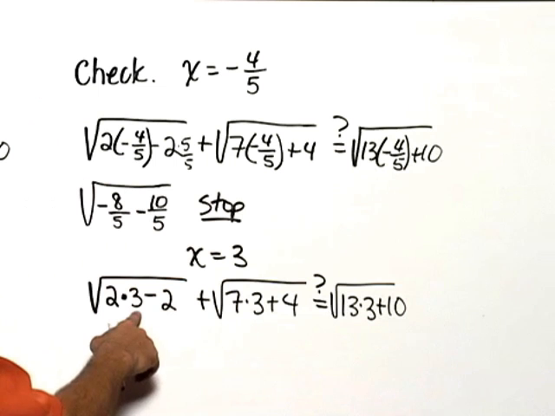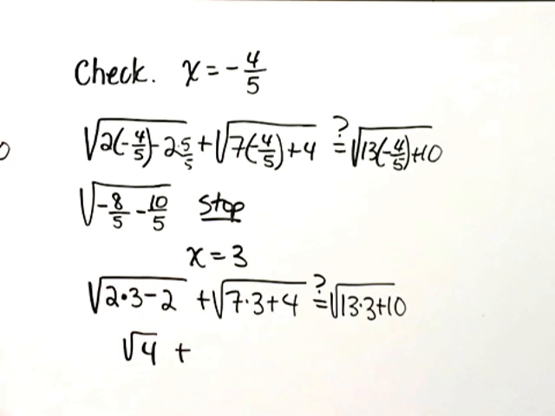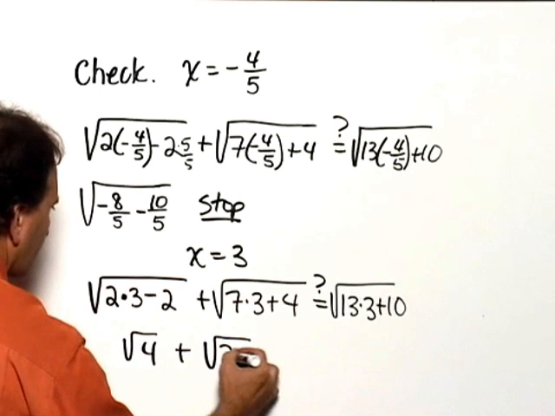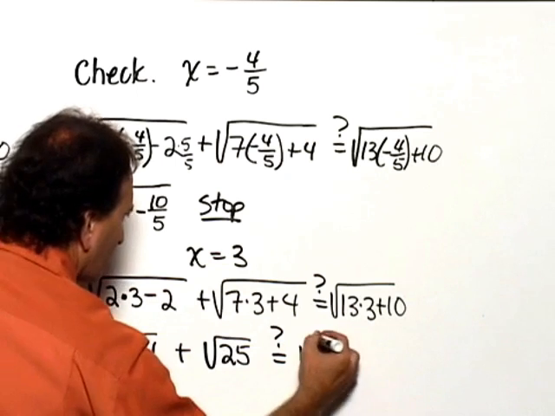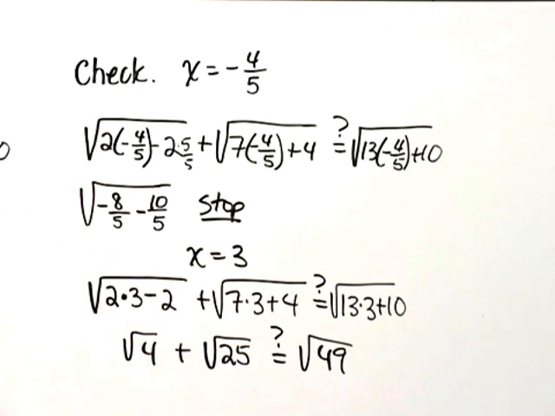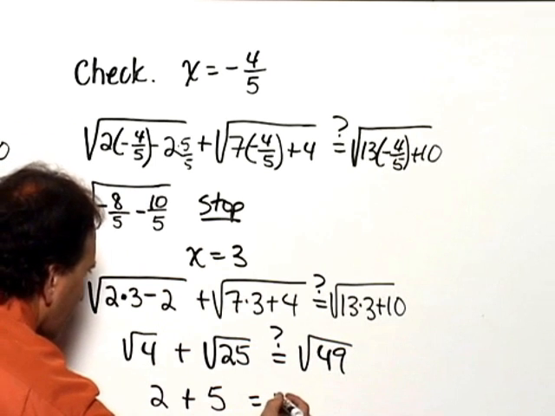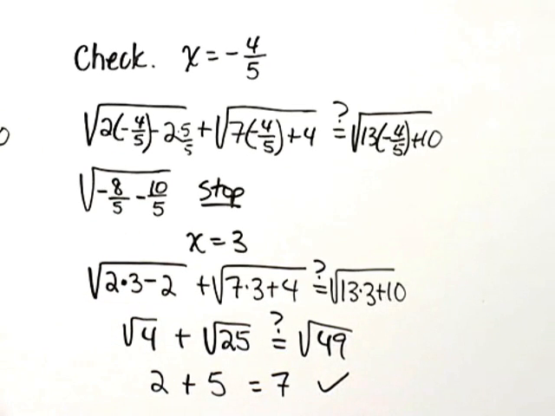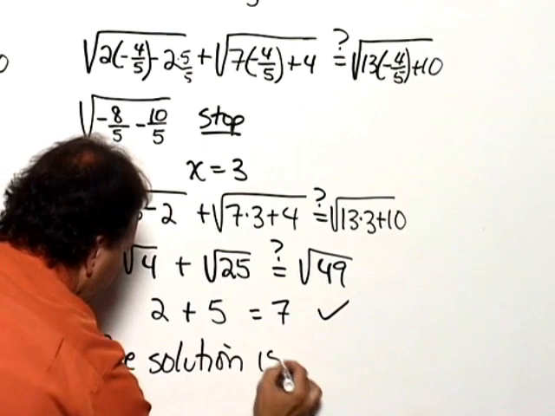Simplifying here, 2 times 3 is 6. 6 minus 2 is 4, square root of 4, plus 7 times 3 is 21, plus 4 is 25, so that's plus the square root of 25. We want to know, does that equal the square root of 3 times 13 is 39, plus 10 is 49. Well, the square root of 4 is 2, the square root of 25 is 5, and the square root of 49 is 7. 2 plus 5 does equal 7. That checks, and that tells us that the solution is 3.